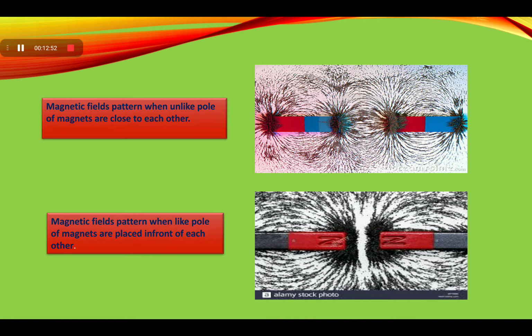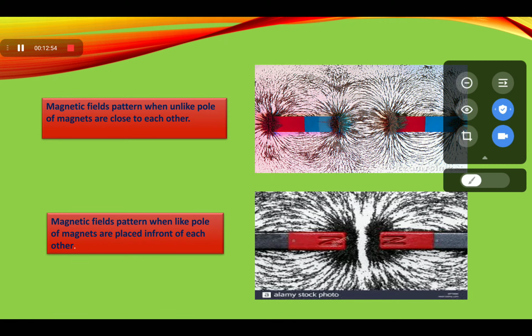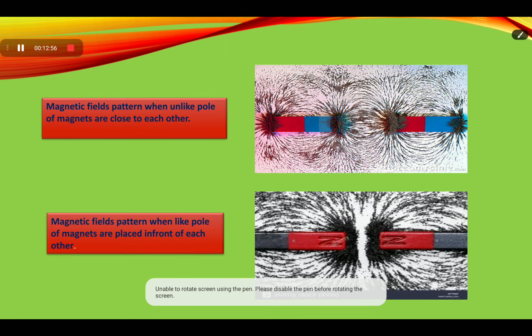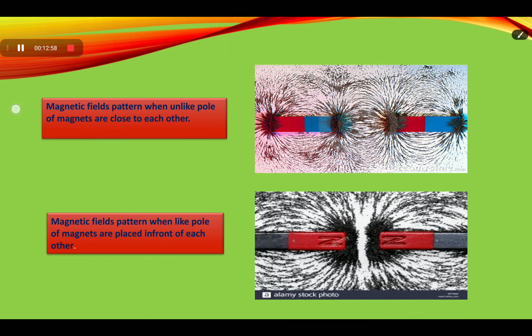Now, here in the next slide, you can see the magnetic field pattern when unlike poles of magnets are close to each other. So, this indicates the south pole and this indicates the north pole.